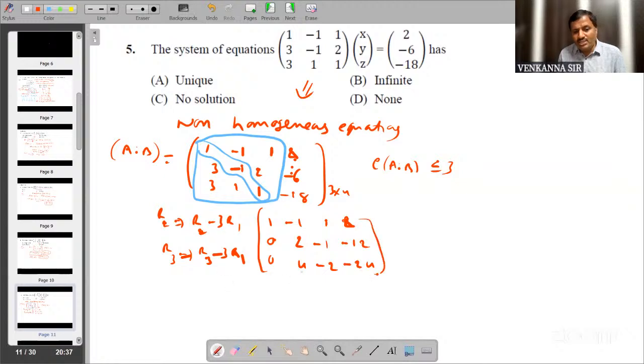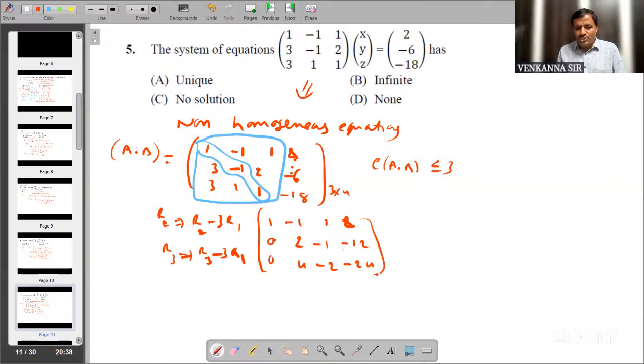Then what is the next step here? One more element is pending: this 4 should be converted to 0. Without wasting time in the exam hall, immediately check whether these two rows are proportional or not.